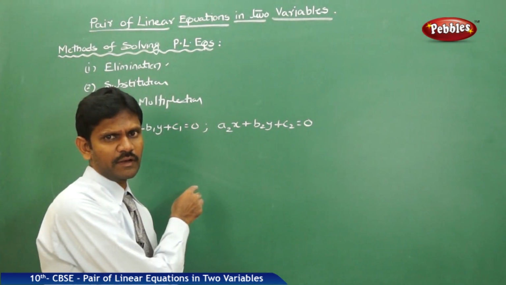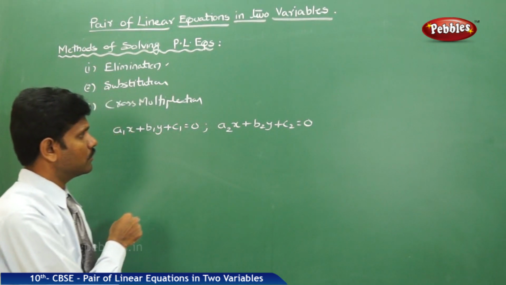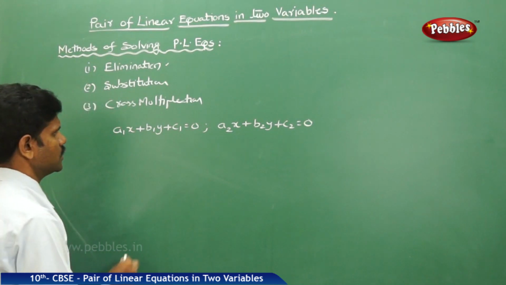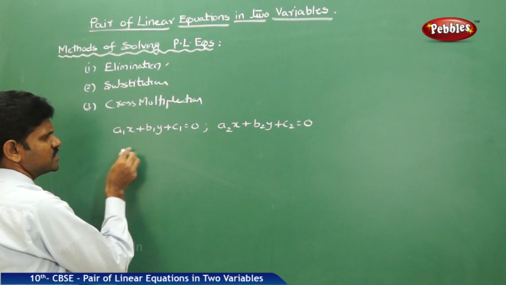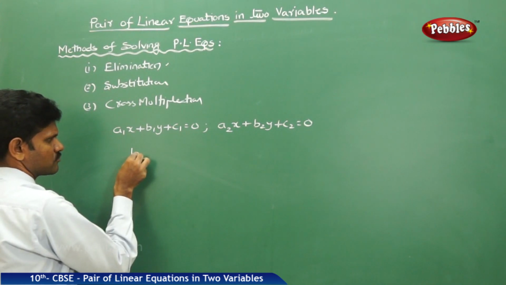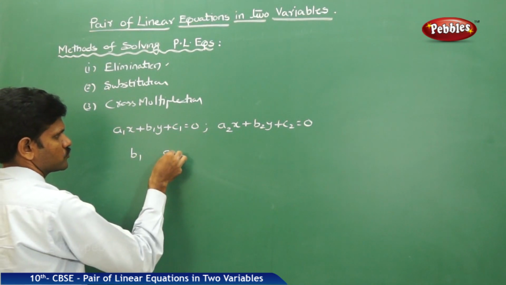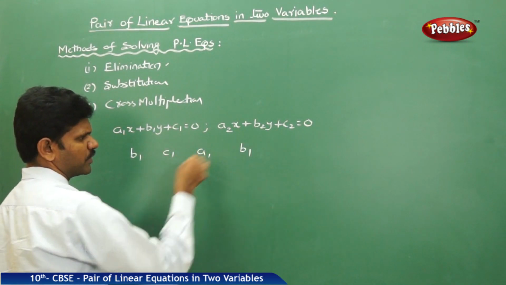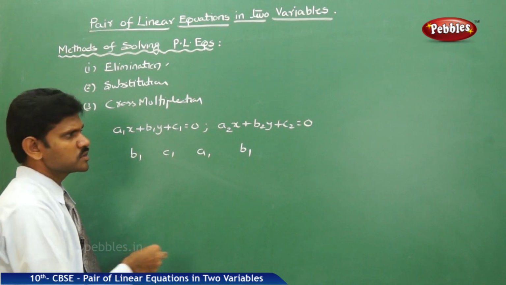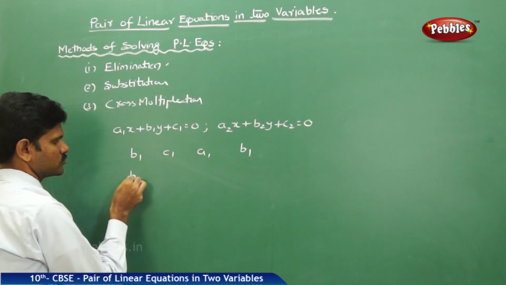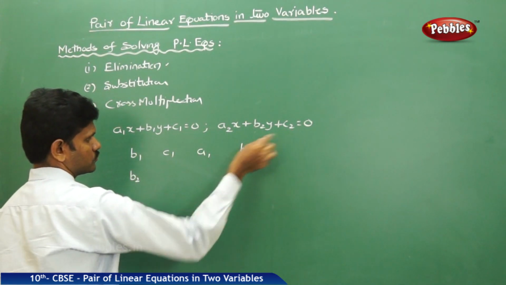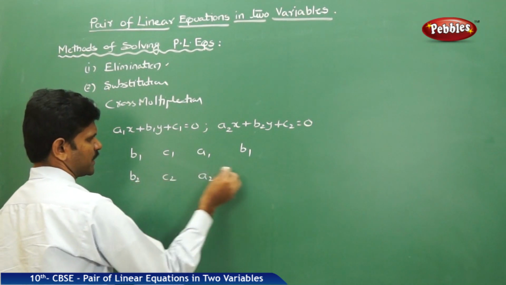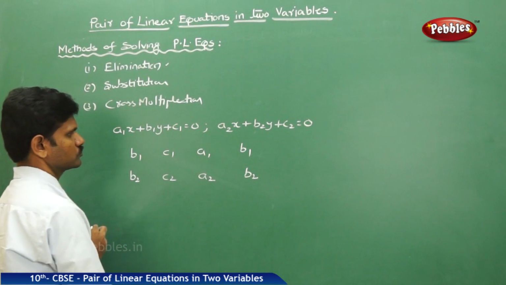How to develop a formula for the cross multiplication method? Now see, arrange the coefficients like this: b1, c1, a1, and at last again b1. Similarly, from the second, start from b2, c2, next a2, and at last repeat b2.